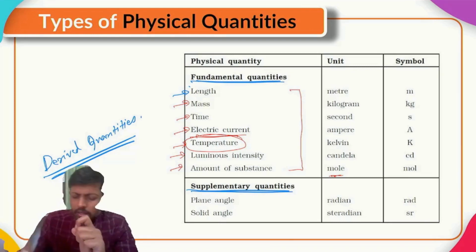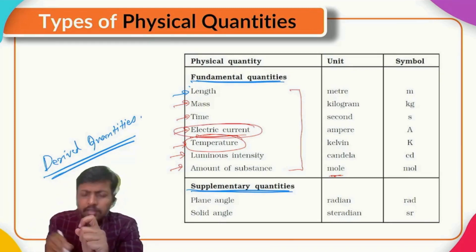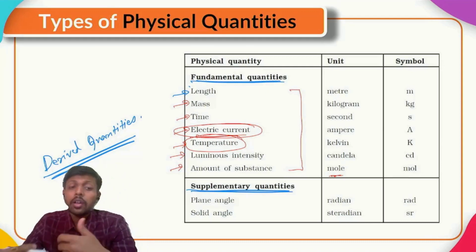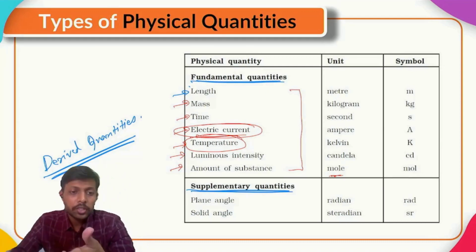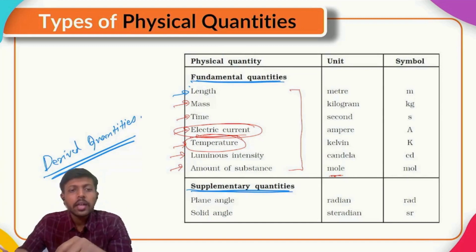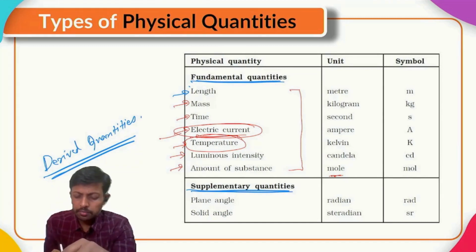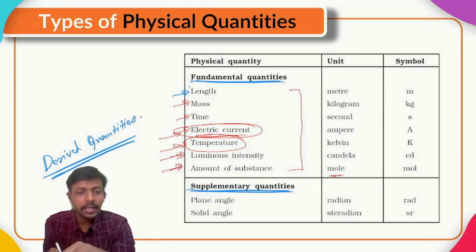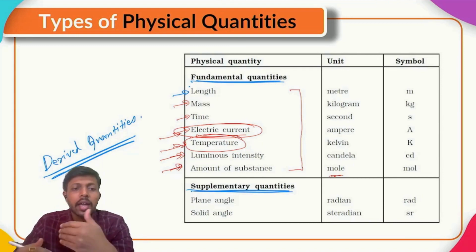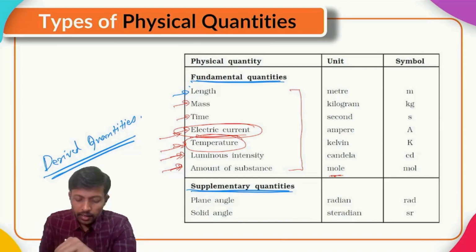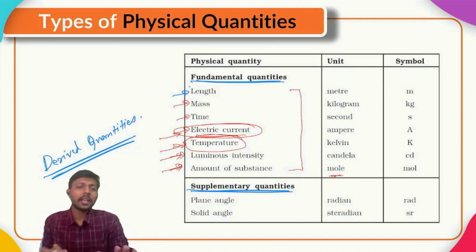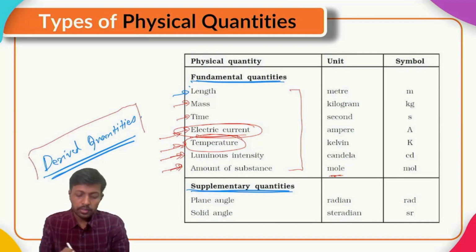So then we included something else in the fundamental quantities, or even voltage. How do we express voltage? That's how more and more items got included in this list of fundamental quantities. Right now, we have seven fundamental quantities, and the rest of the quantities are called derived quantities.